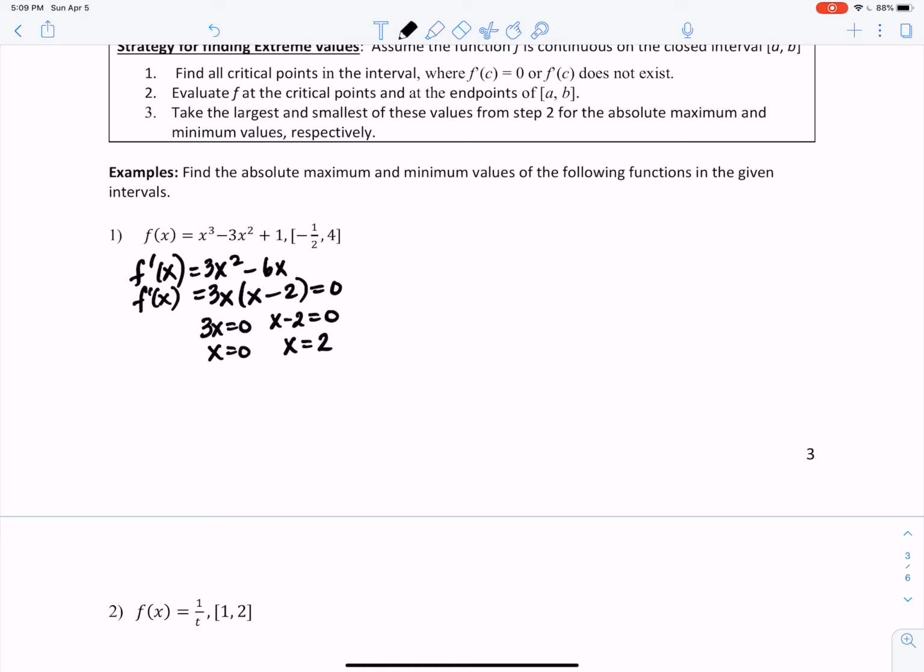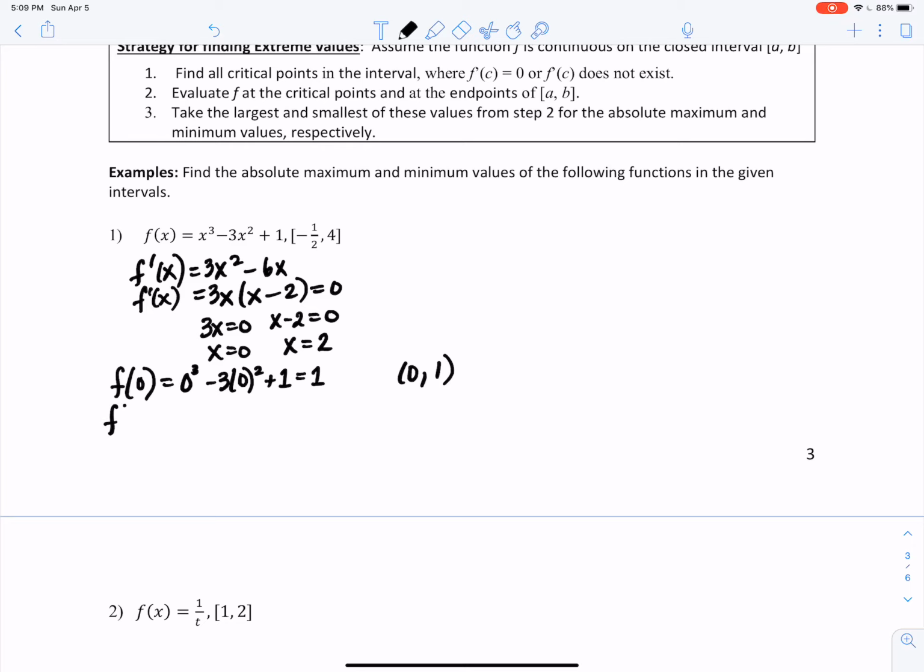My next step is to evaluate the function at these values. So I'm going to plug in 0 to my original equation and see what I get. 0 cubed minus 3 times 0 squared plus 1 equals 1. So the first point I have is (0, 1).